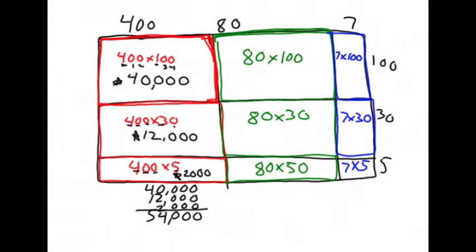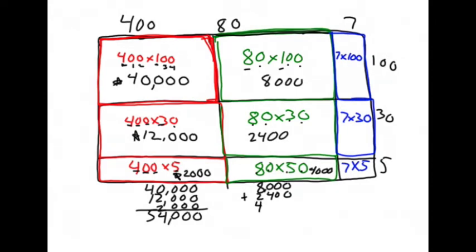All right. Now I'm going to move over to my 80 boxes over here. So 8 times 1 is 8, 3 zeros. 1, 2, 3. 8 times 3 is 24, 2 zeros. 8 times 5 is 40, 2 zeros. Okay, so now I'm going to add those. 8,000 plus 2,400 plus 4,000.